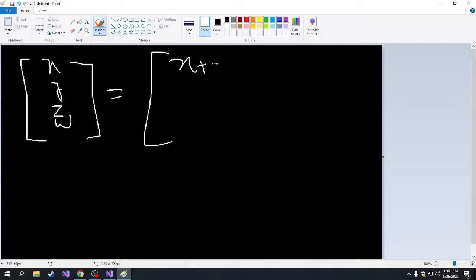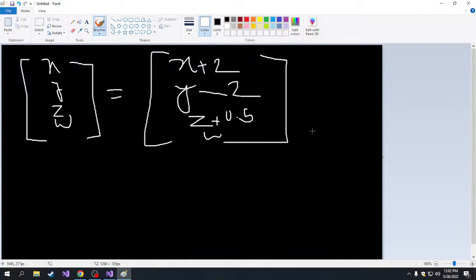I want to translate the x component 2 units in the x. The y component, I want to translate it to -2 units, so I want it to come back. And the z, I want to translate it to -5, and w is just going to stay the same. So this is basically how we translate vectors, of course.